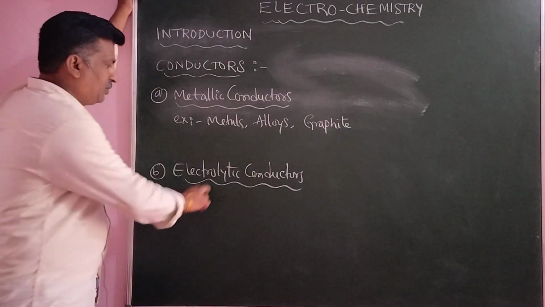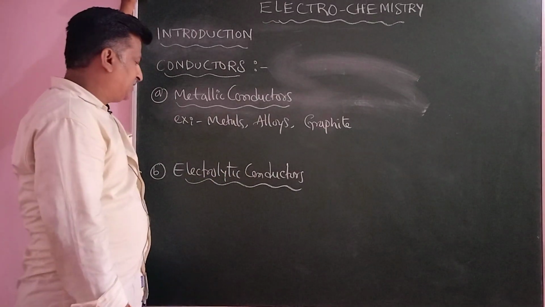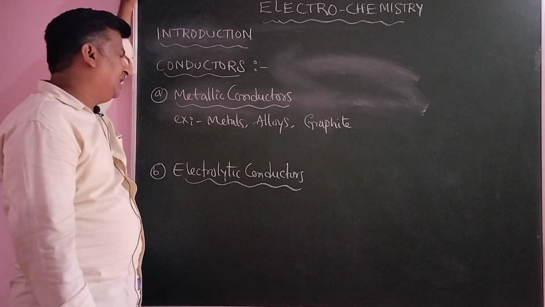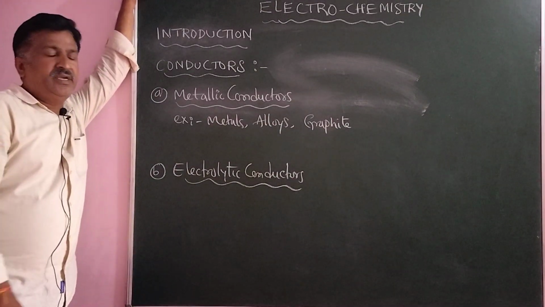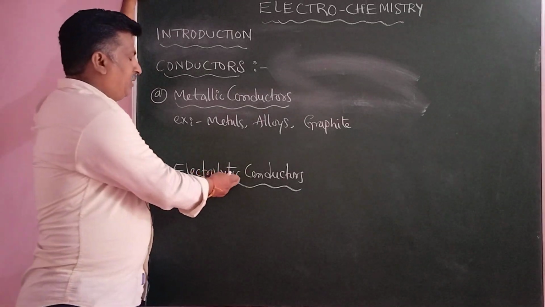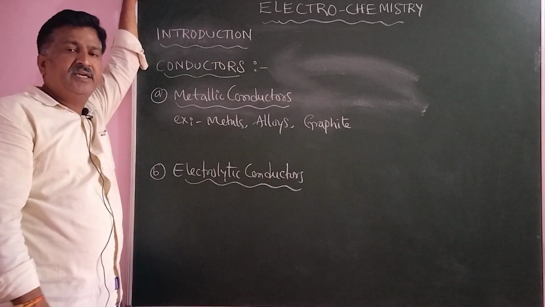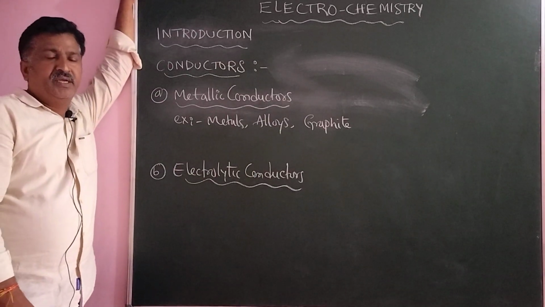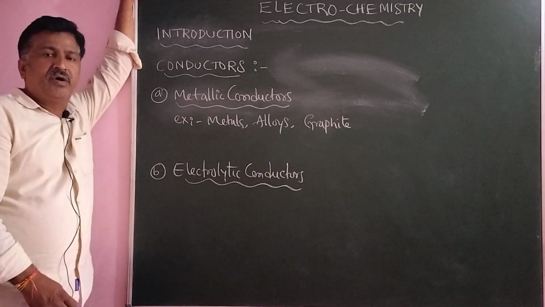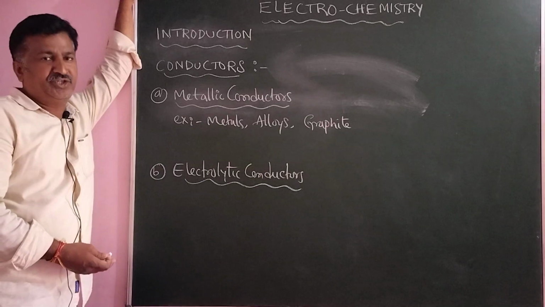Then what are electrolytic conductors? These are the substances which conduct electricity by the free movement of ions in the aqueous state or in the molten state by undergoing some chemical change.